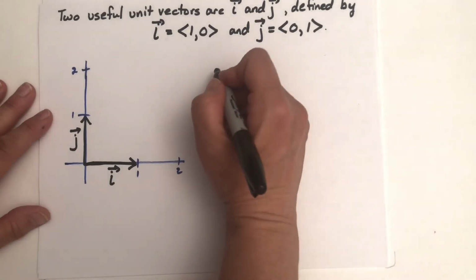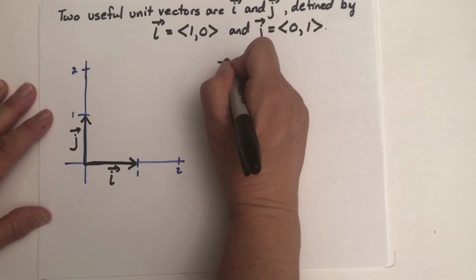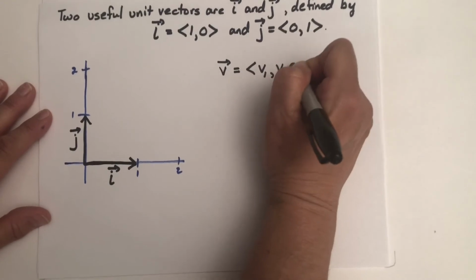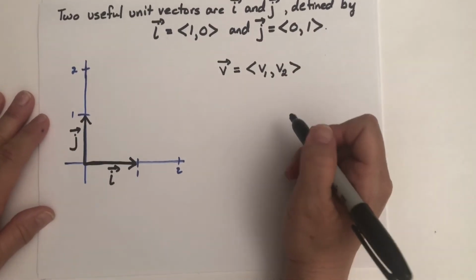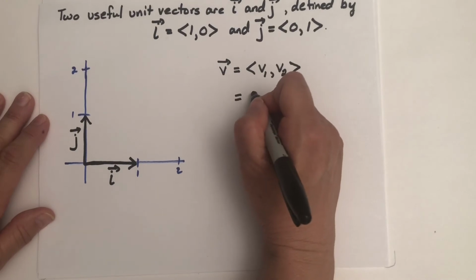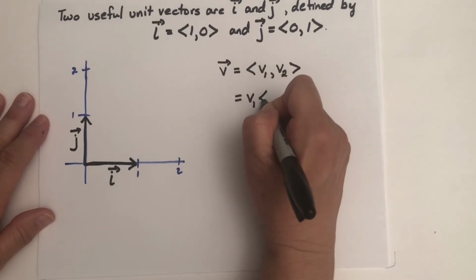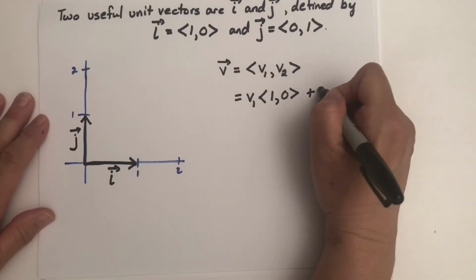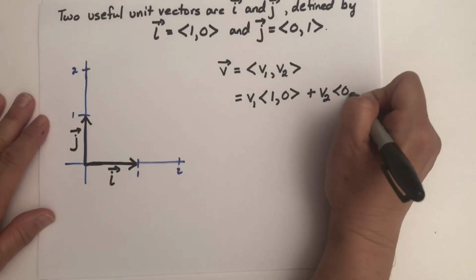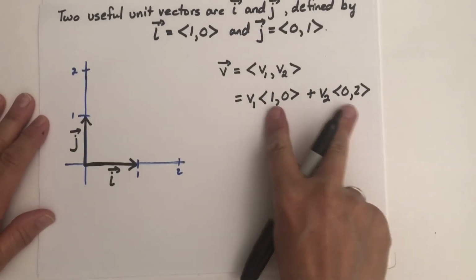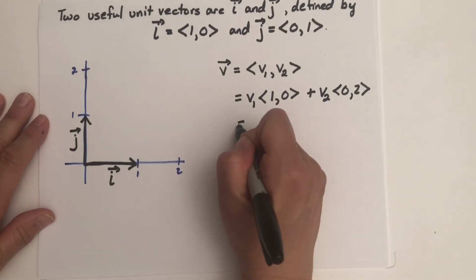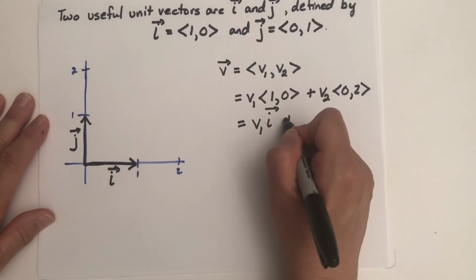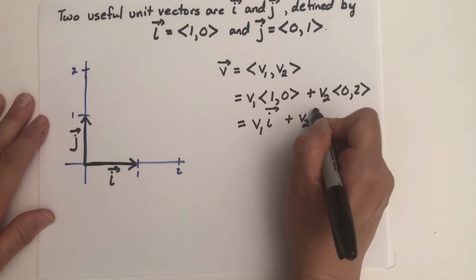And if we have a vector v that is, let's say, ⟨v sub 1, v sub 2⟩, those are its components, we can write it as v sub 1 times ⟨1, 0⟩ plus v sub 2 times ⟨0, 1⟩. If we added these two together, we would have that vector. But notice that is v sub 1 times i plus v sub 2 times j.